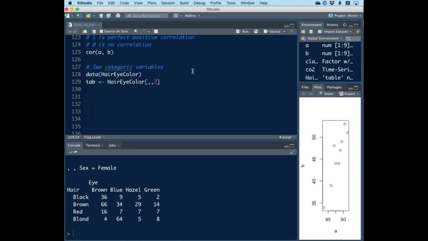So I have three indices here. I want to take all rows, all columns for the second table, the one about female. I'm more interested in knowing the hair and eye color of female at the moment, right? So this is my table.